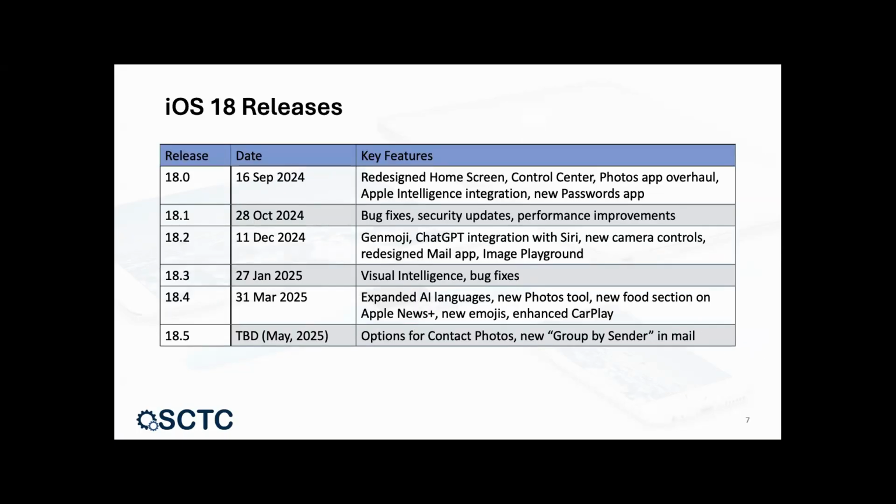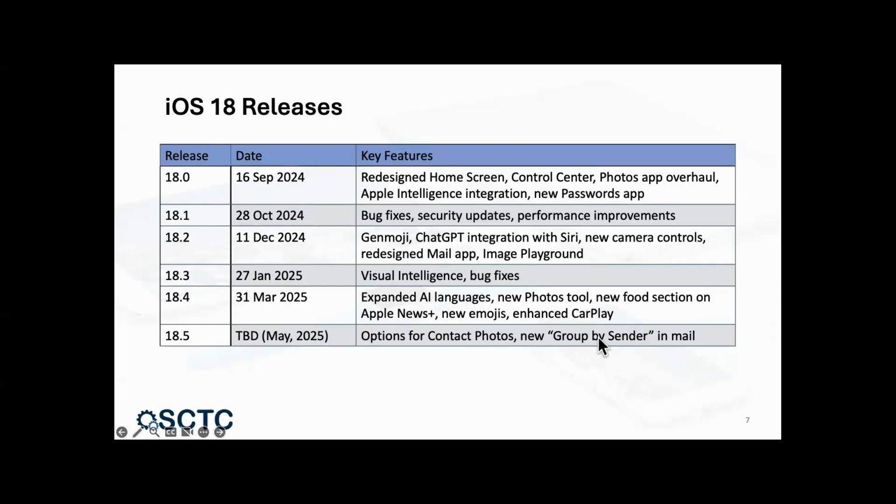This is what the iOS releases look like. Back in September 2024 is when iOS 18 was first released. You can see some of the features that it came out with. Since then, they have what they call dot releases. So you can see here 18.1, 2, 3, 4. 18.5 will be released next week, as a matter of fact.